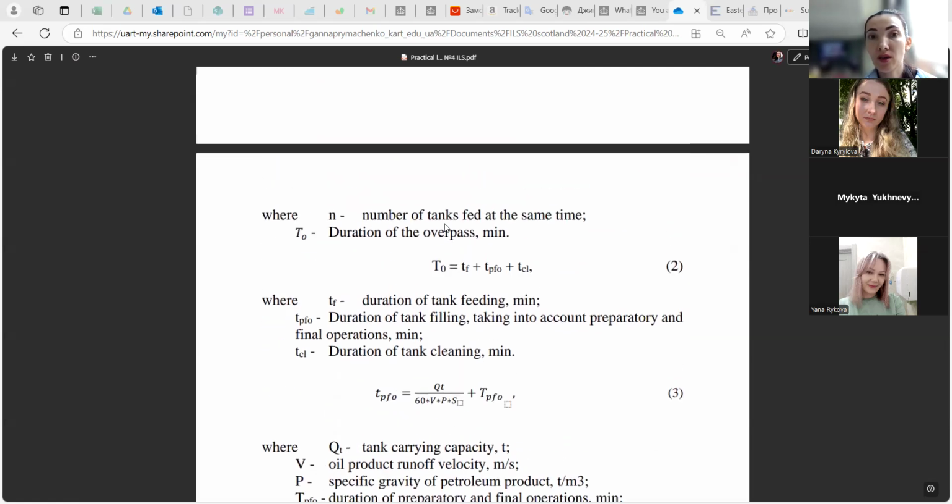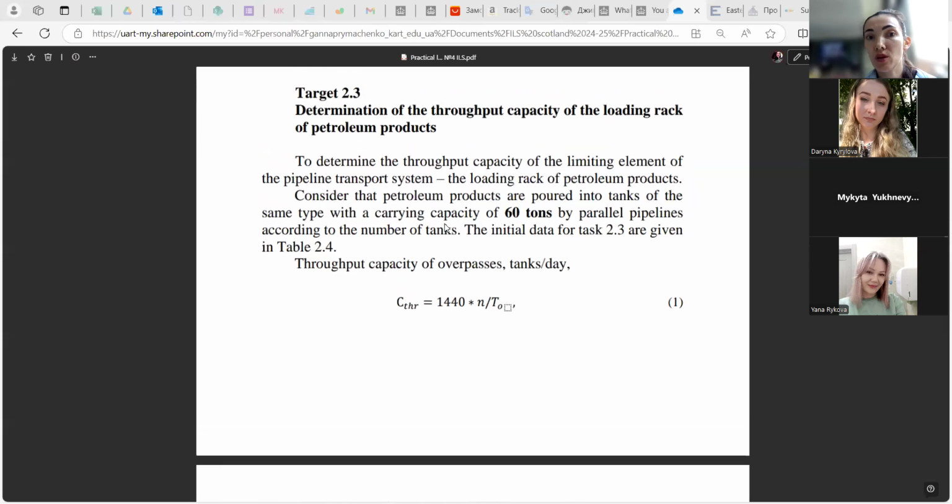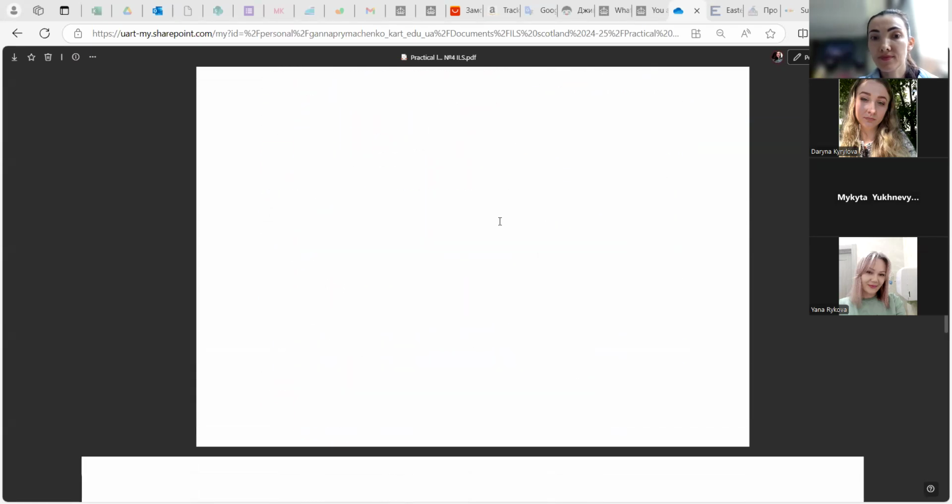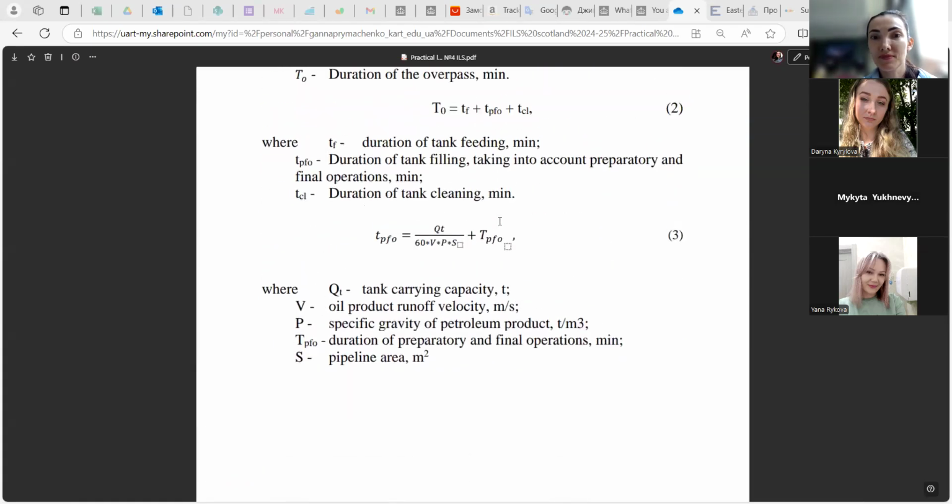Okay, we find this information back here. 60 tons we need to process for these volumes of oil products. It is our formula 3, and we determine how much time we need for preparations and finishing operations with our oil product. Yes, we can find it.